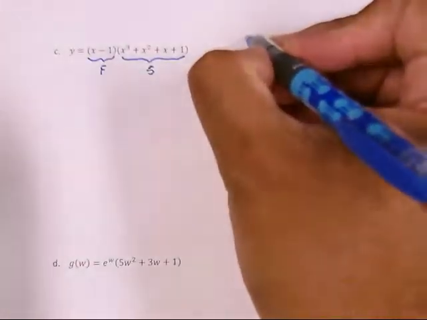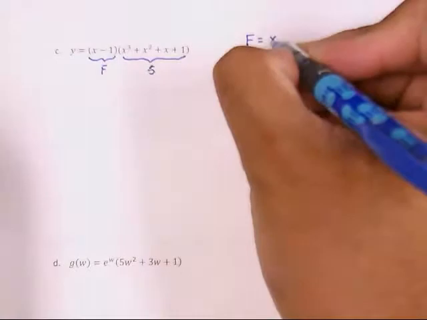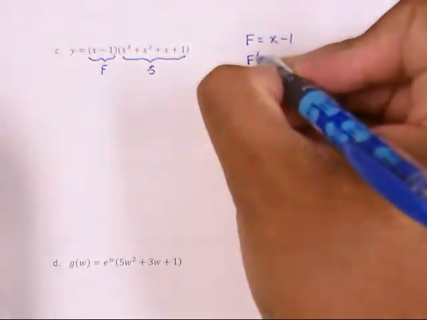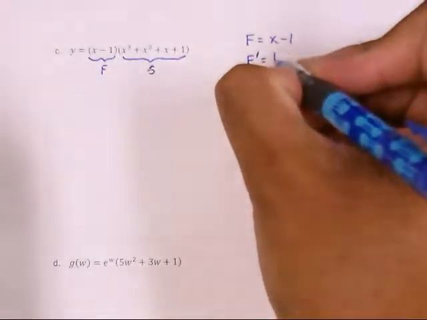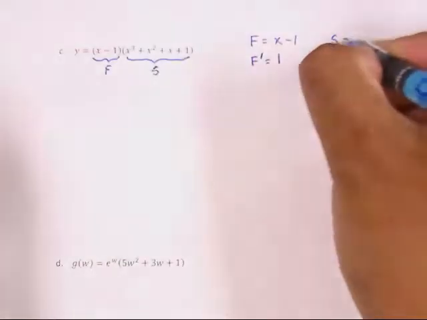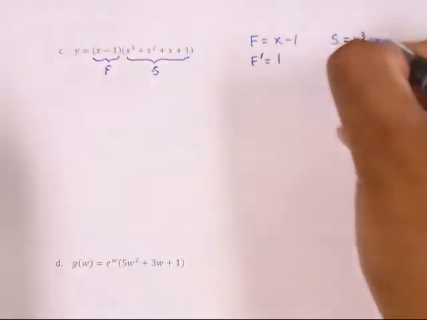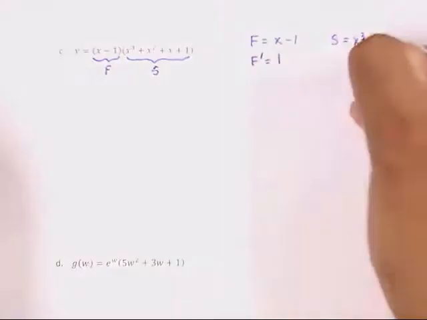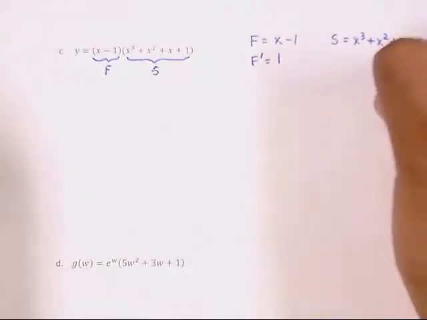Okay. So if the first function would be x minus 1, its derivative, which I'm calling f prime, would be 1. And then the second function is going to be that x cubed plus x squared plus x plus 1.